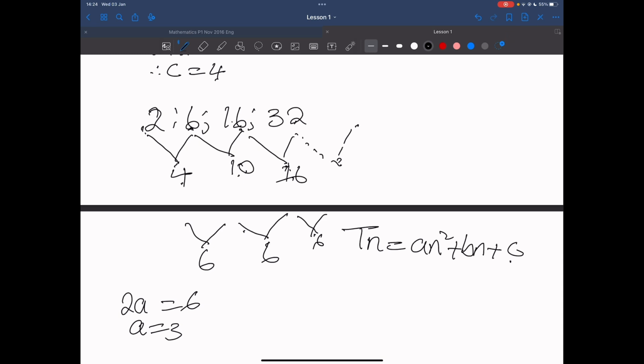So we want term 0. Remember, this is term number 1, this is term number 2, this is term number 3, and this is term number 4. So we want a way of getting to term number 0, because term number 0 is our value of c.